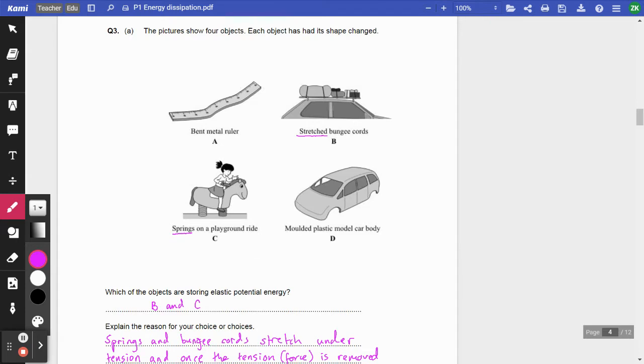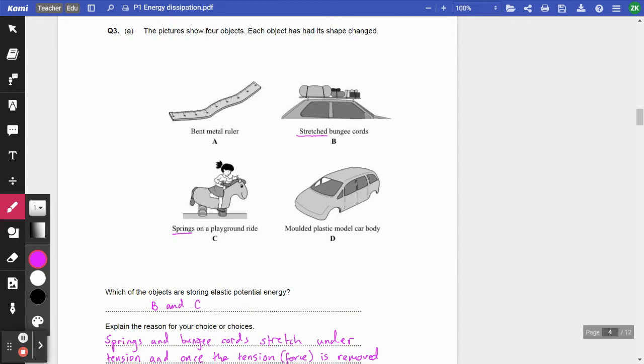Question 3. Here we have 4 different examples: a bent metal ruler, stretch bungee cords, springs on a playground, and a molded plastic model car body. So which objects are storing elastic potential energy? Objects that stretch and return back to their original length.